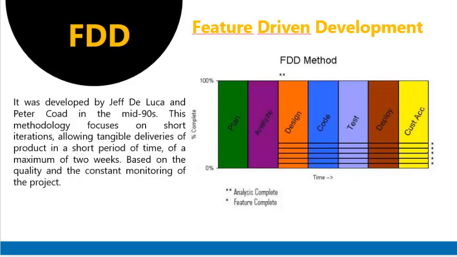This methodology focused on short iterations, allowing tangible deliveries of product in a short period of time, a maximum of 2 weeks, based on the quality and the constant monitoring of the project.